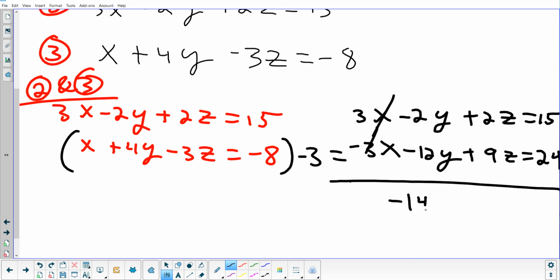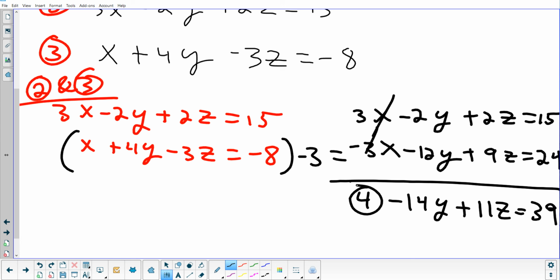So we have negative 14y. 2 plus 9 gives me 11z. And 15 plus 24 is 39. Okay, just to make it a little simple to talk about, I'm going to call that one equation 4.